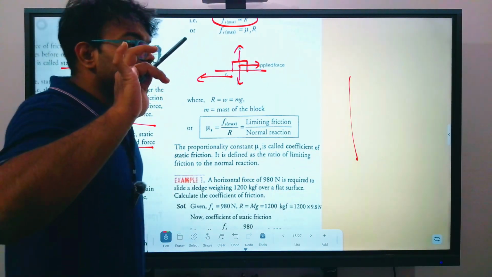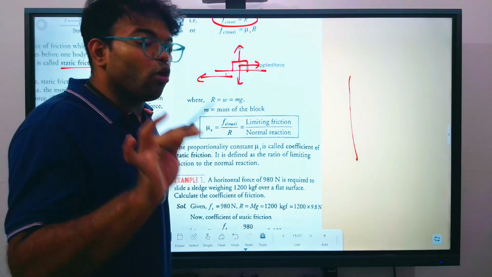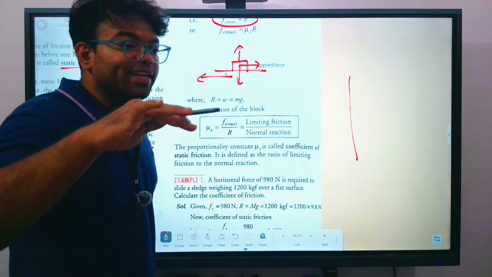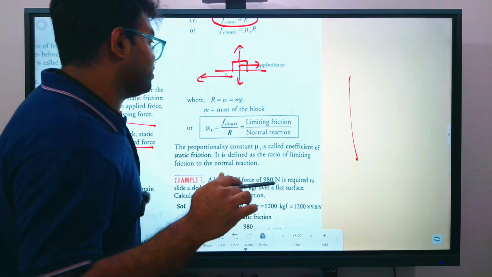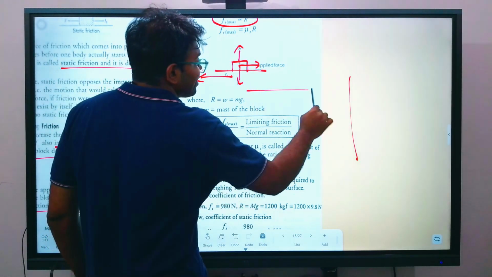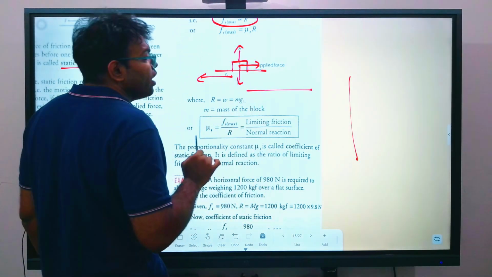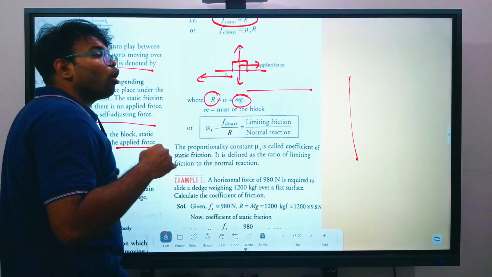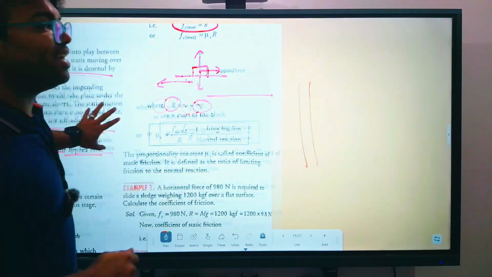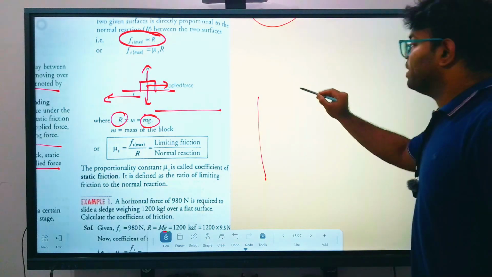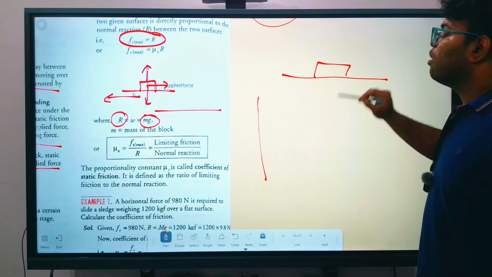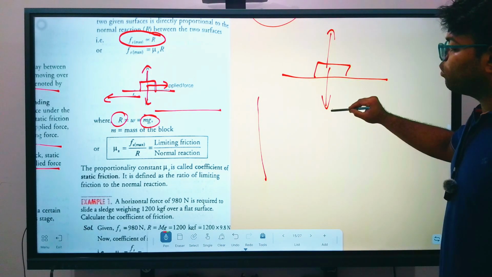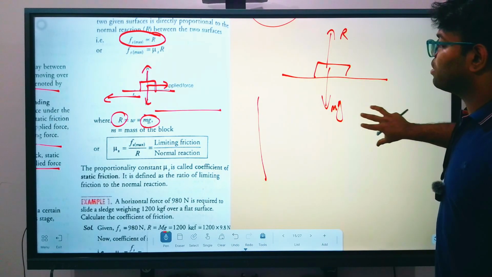Understood? So if the surface is parallel to the actual surface of earth, that is, the angle is 0, then we can say that the weight will be equal to the normal reaction force. Why did I say this? See, if you have a surface like this, Mg will balance out the reaction force.